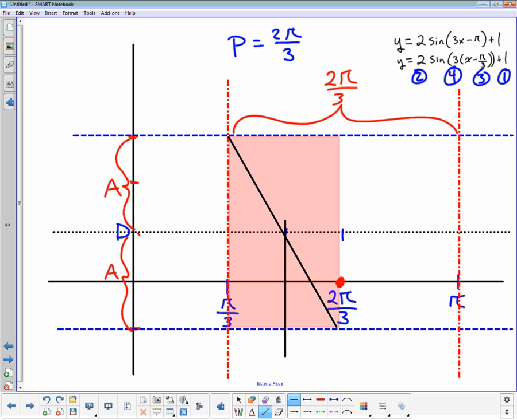You see how I made that? Okay, good. And you're going to do the same thing for the other side.